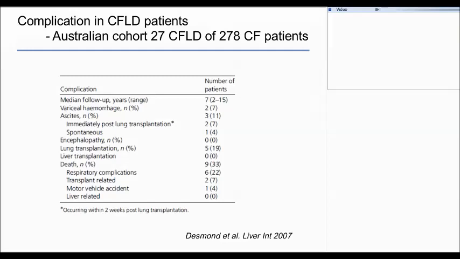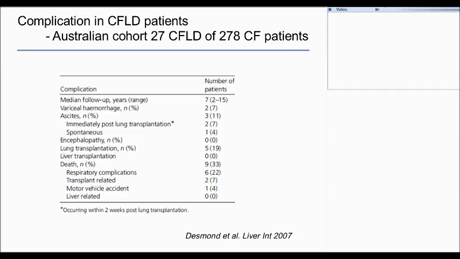Here was a study on an Australian cohort at a median follow-up of 7 years, 27 patients out of 278. They found that ascites, a complication of portal hypertension, was present in 3 of those. Variceal hemorrhage, a life-threatening complication when you develop esophageal varices, happened in 2 of those patients.